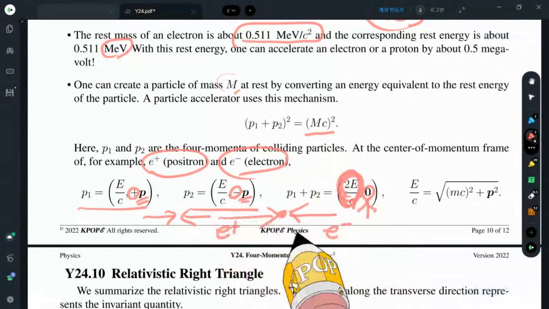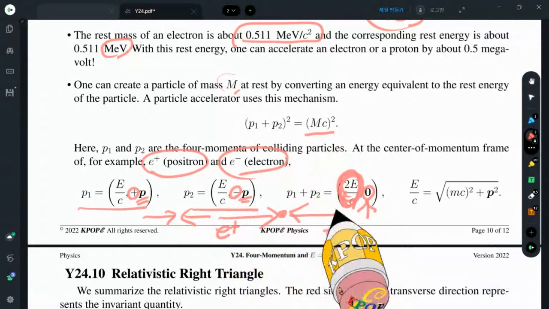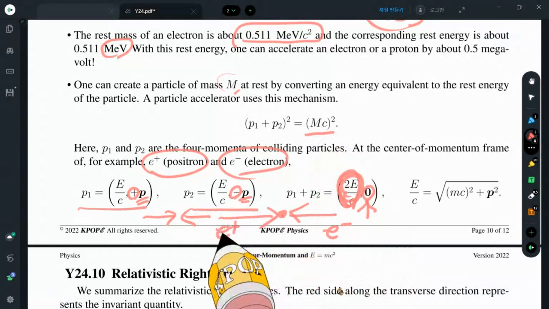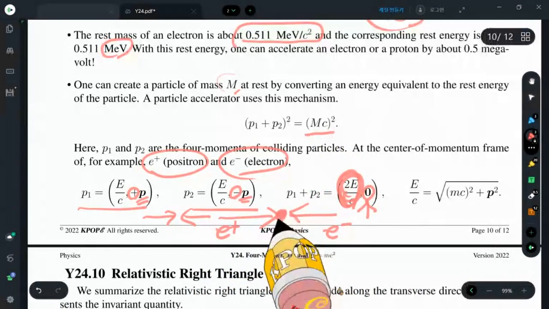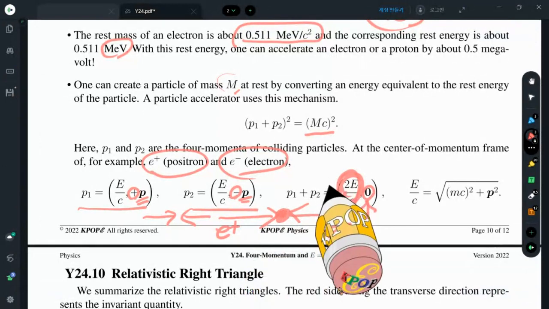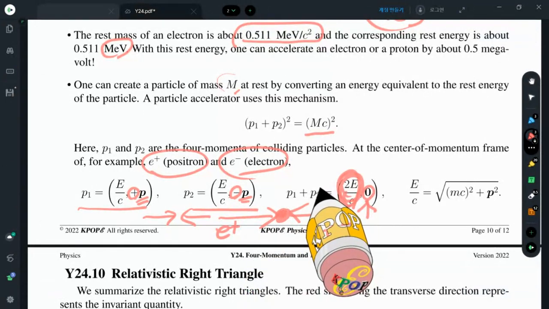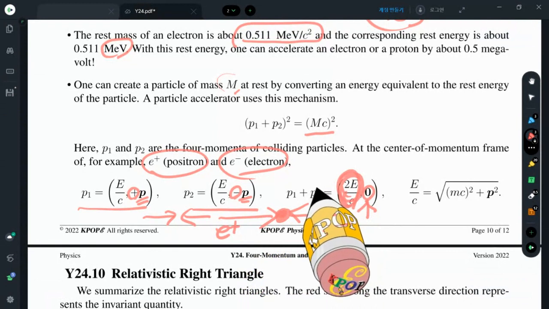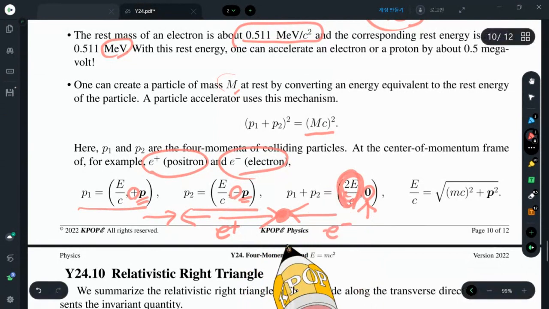We can increase the momentum of the electron arbitrarily large. At some point, there is a resonance of a particle. So this particle accelerator has created many interesting fundamental particles like the Higgs.